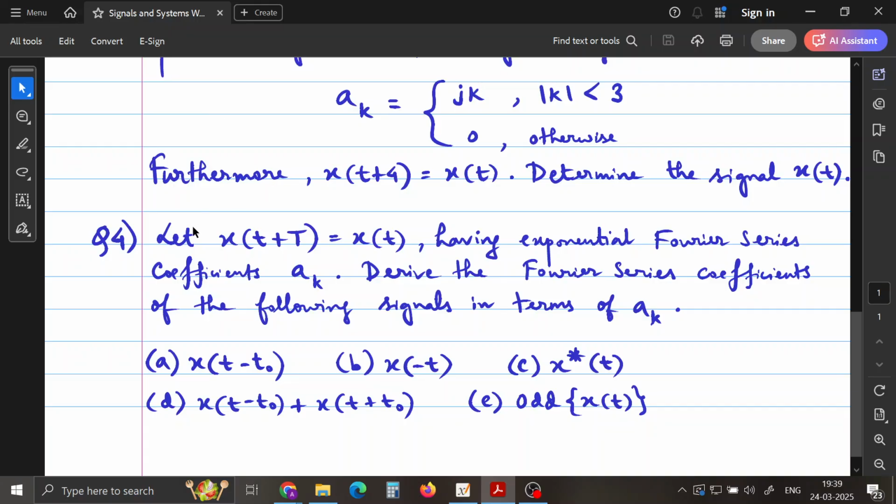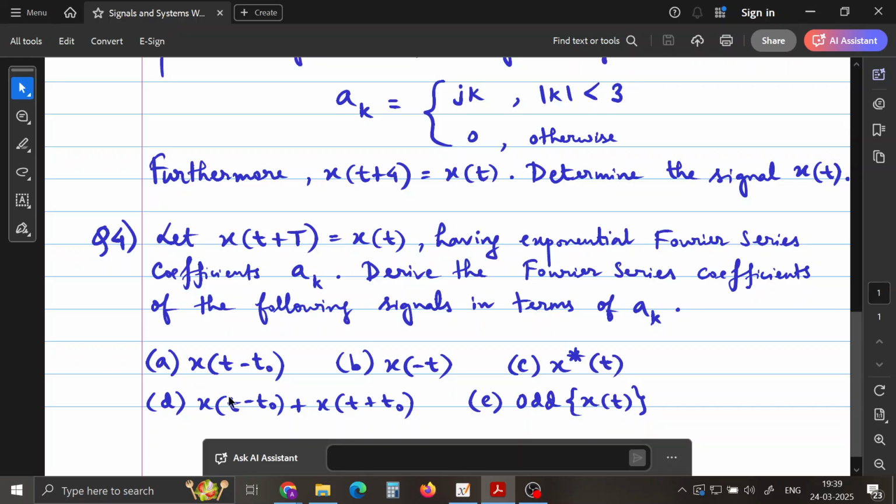What we are given is, let x of t plus capital T equal x of t, which tells you that x of t is a periodic signal with fundamental period capital T, and it has exponential Fourier series coefficients denoted by ak. Now you're asked to derive the Fourier series coefficients of the following signals in terms of these ak, which are the exponential Fourier series coefficients for the original signal x of t.